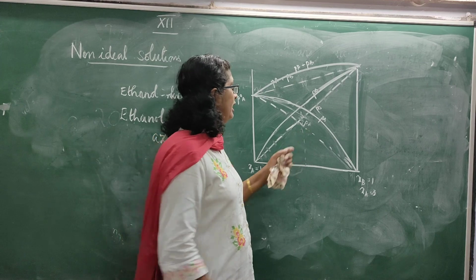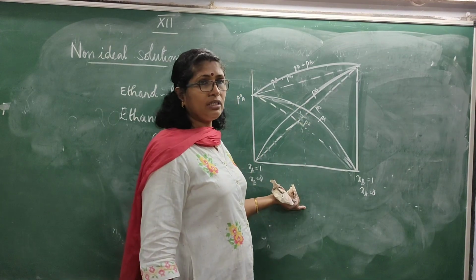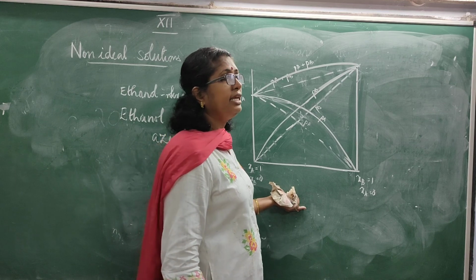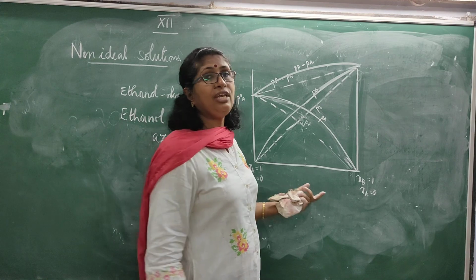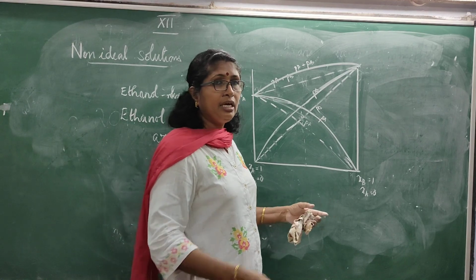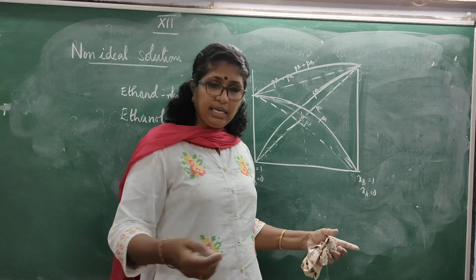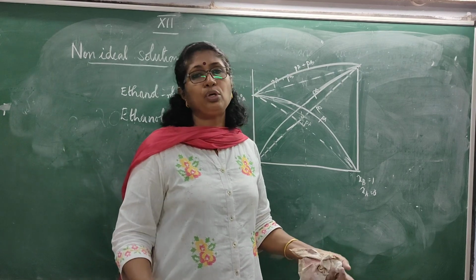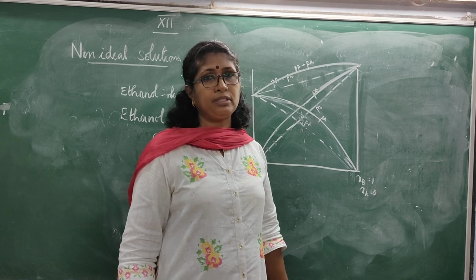So here you see at this composition, the ethanol-water or ethanol-hexane mixture forms an azeotrope. For ethanol-water it is 95% alcohol and 5% water. Even if you distill it, after distillation also you will get only 95% alcohol and 5% water.